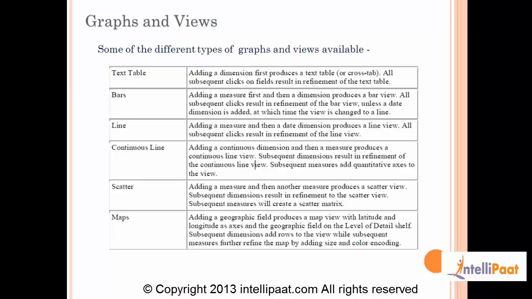You can plot these things on the graph and show it to your higher management or the business users, who would like to say, okay, this part of the country is where I'm doing good business, and this part of the country I'm not doing all that great, so this is where I need to focus on. It gives a very nice view of our business geographically. So these are the major different types of graph that Tableau gives us.